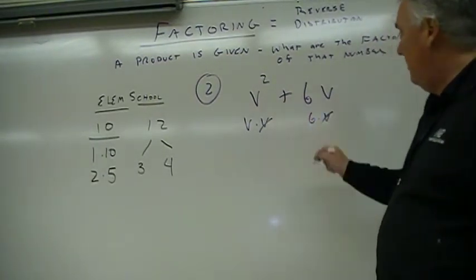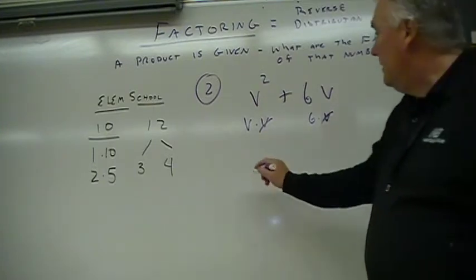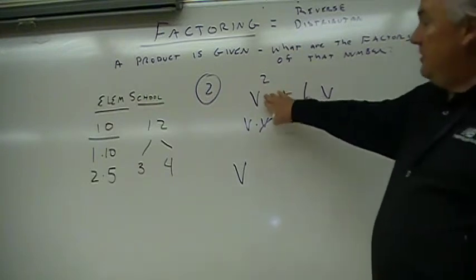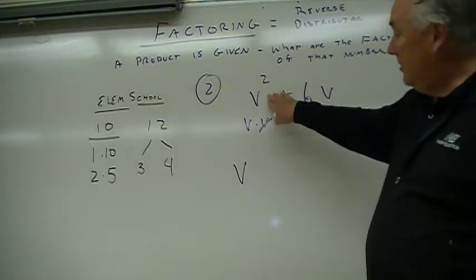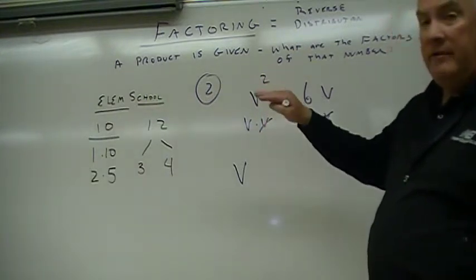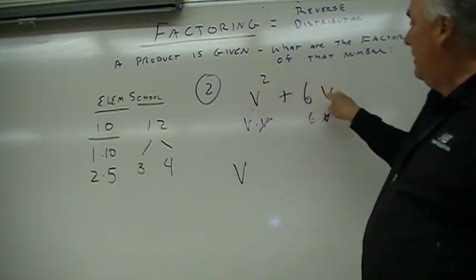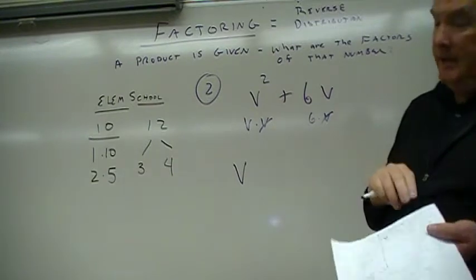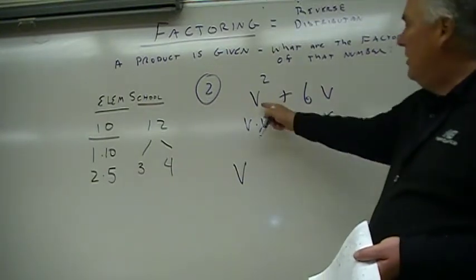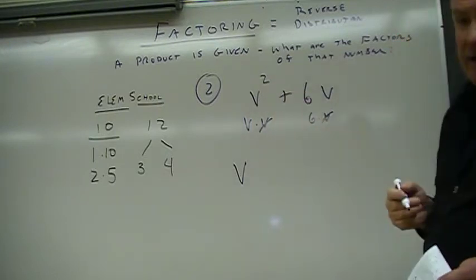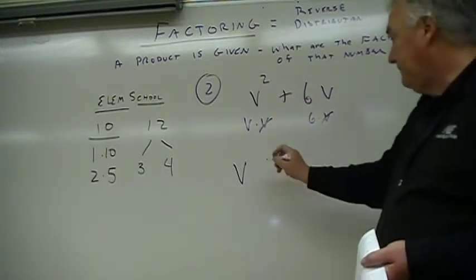What goes into both? A v. So we take the v out. So v squared is 2 v's multiplied together. We're taking one of them out because there's at least one here and one here as you're looking. v and v, take it out. There's no whole numbers here. There's a 6 here, but there's nothing here, so we can't take any numbers out. They'll just stay.